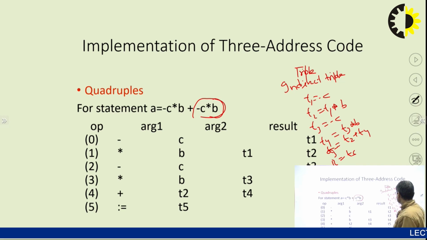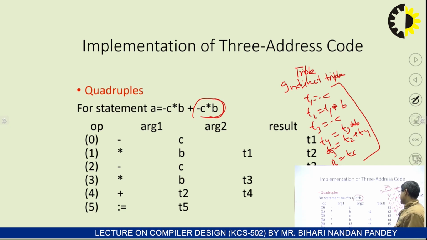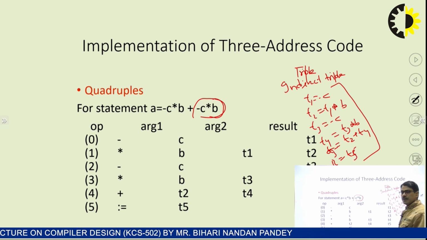This is the basic 3 address code. This one is T1 equals to minus c, result T1, T2 equals to T1 into b, T3 equals to this, T4 equals to this, T5 equals to T2 plus T4, and A equals to T5, sorry, this is T5.